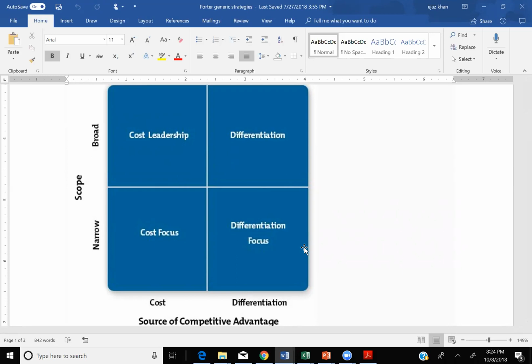It may have other products in which it may have a cost focus strategy. It may be competing in other markets on cost. But in this particular market, it may be offering unique products or products with unique features.